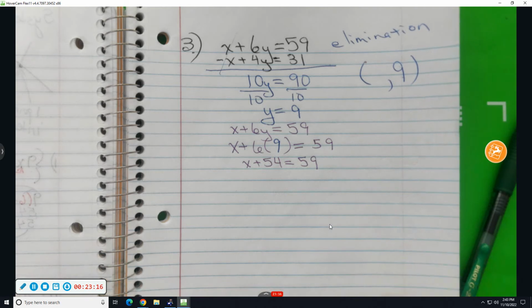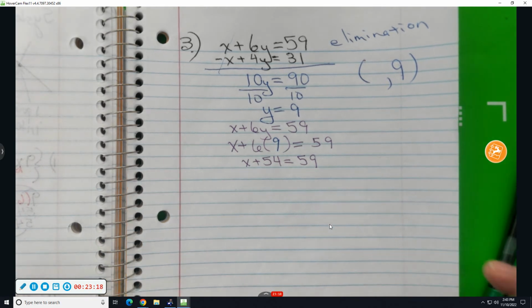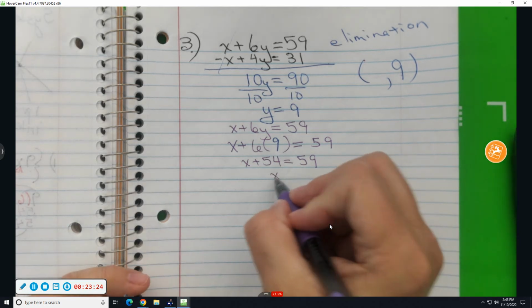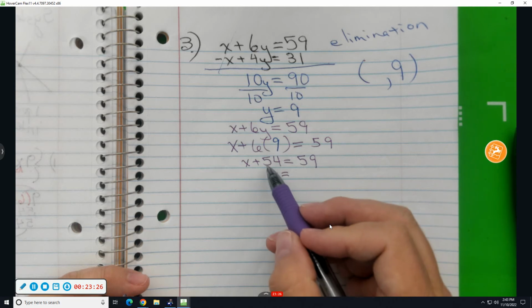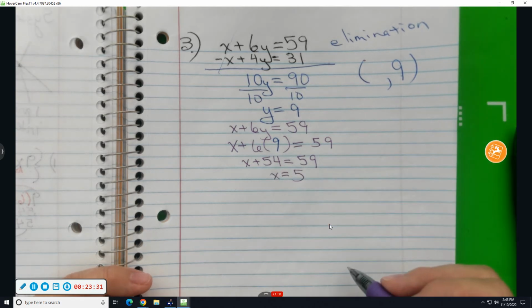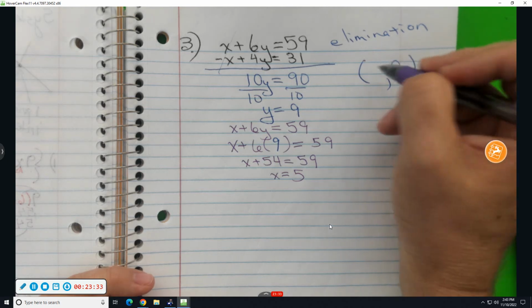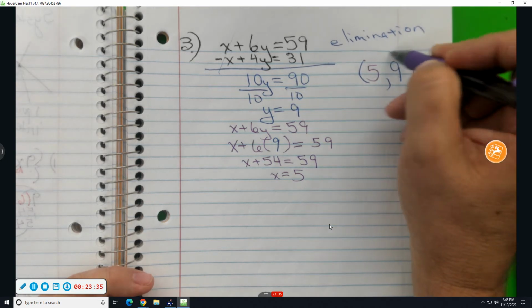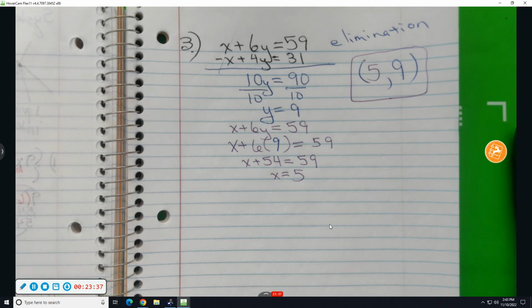There's only one thing left to do to find x. What is it? Subtract 54 to give us x equals 59 minus 54, which gives us an x value of 5. So these two lines intersect at the ordered pair 5, 9.